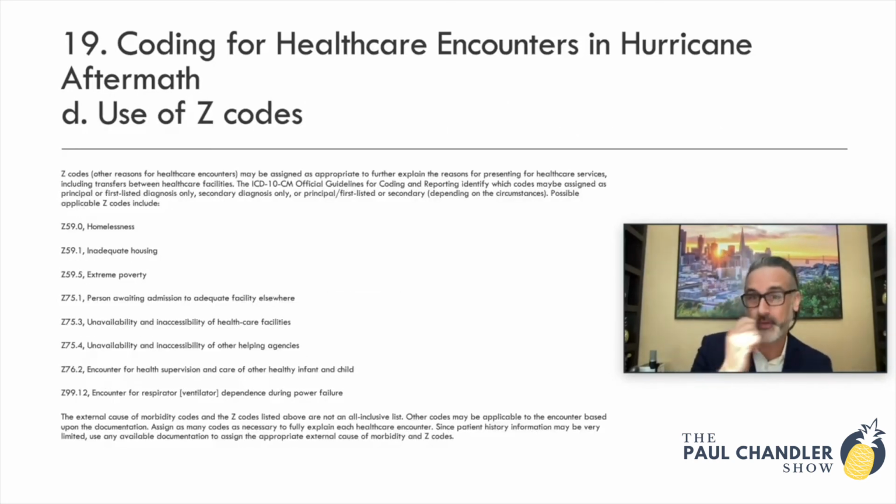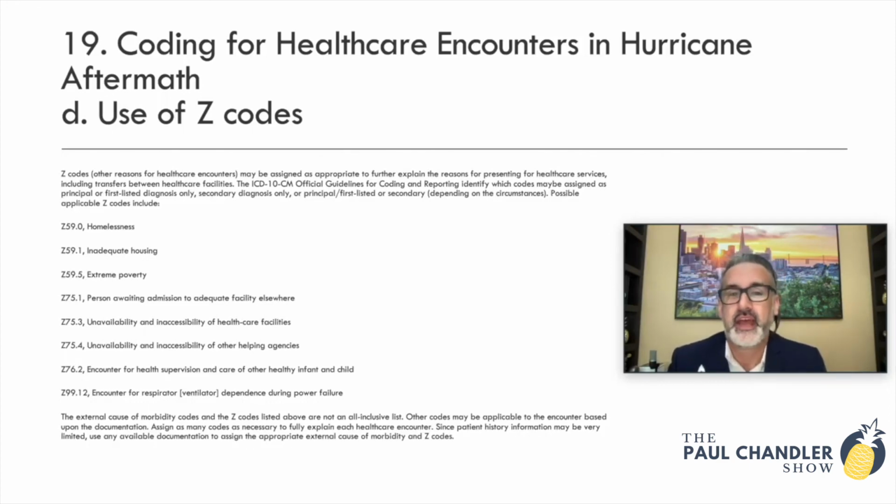And then the last part we have on the hurricanes, because how often and how long can we talk about hurricanes, is using the Z codes. It says that the Z codes may be assigned as an appropriate code to further explain the reasons for presenting for healthcare services, including transfer between healthcare facilities.